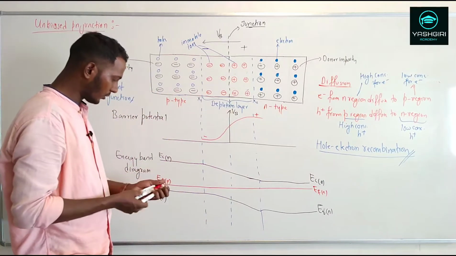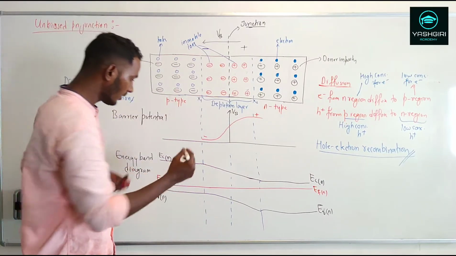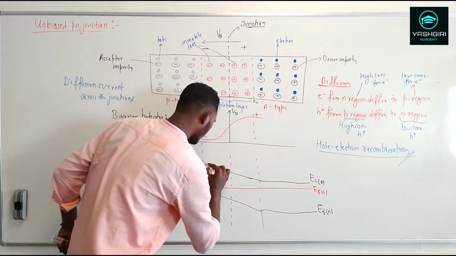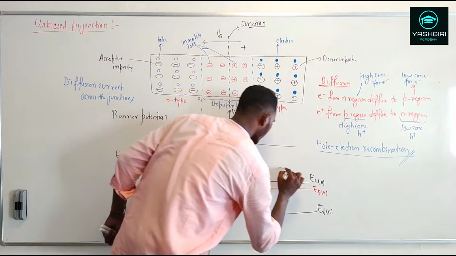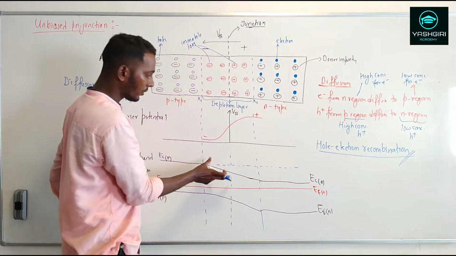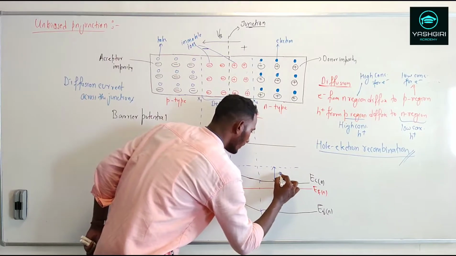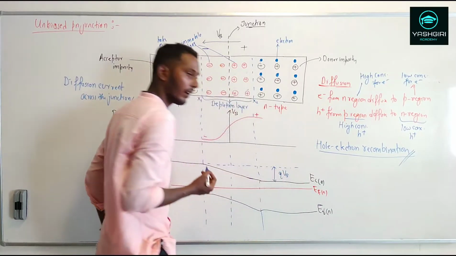Now if I want to show the barrier potential, I can extend this. Let me extend this. So this is the height. If I want to show the barrier height, from here to here, this is my qVB. That's the barrier height.